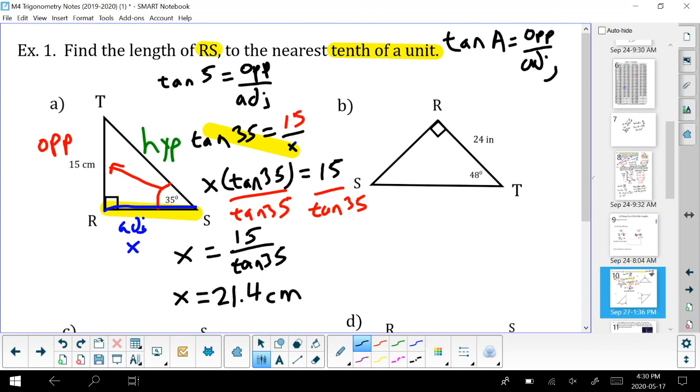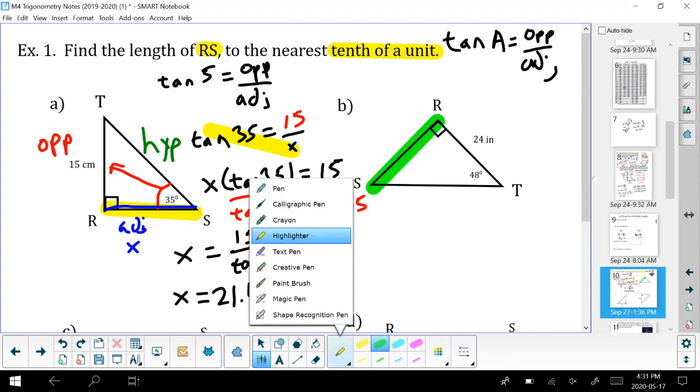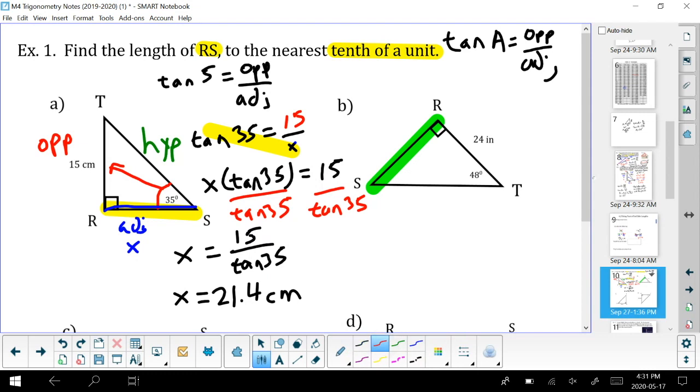Our next question, we're going to look at, again, the side length of RS. So in this case, that side right there. And we are going to start off with our reference angle, which is right here, angle T. So that means that my opposite side will be right here. And let's call that x.